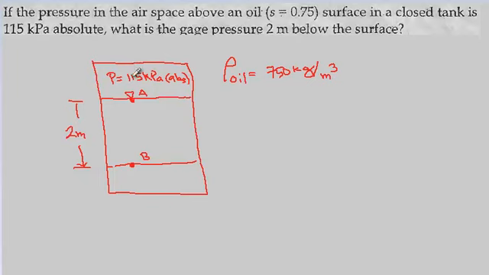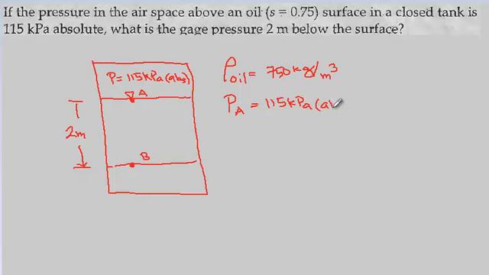The pressure for gases does not increase much as you go deeper in the gas, because the density of gas is very small. So essentially, this whole space here has a pressure of 115 kilopascal absolute, and therefore point A will also have that pressure. So we know that PA is 115 kilopascal absolute.